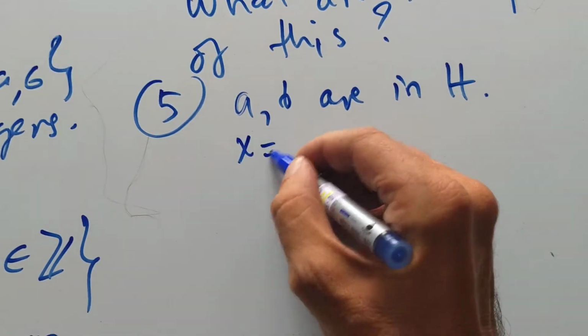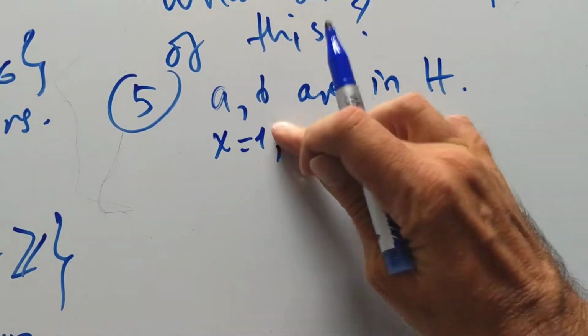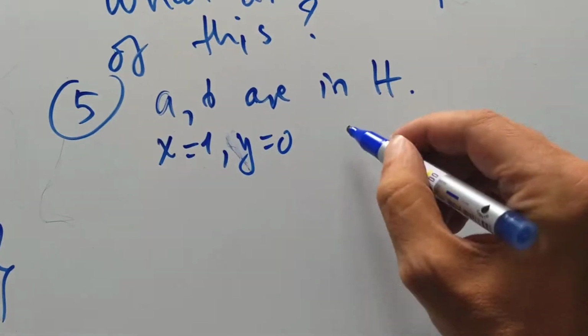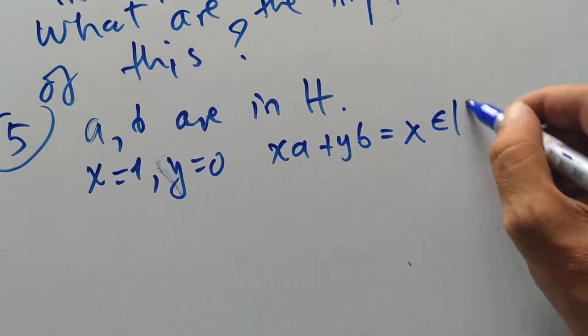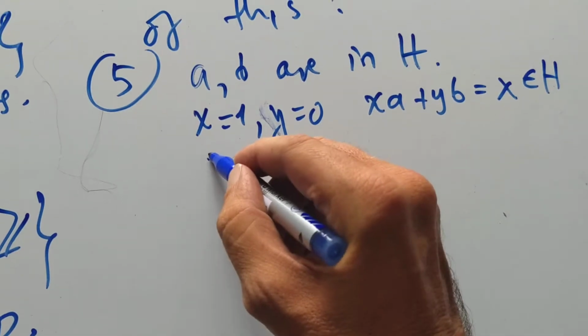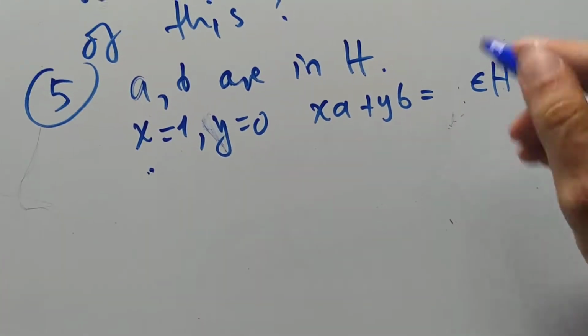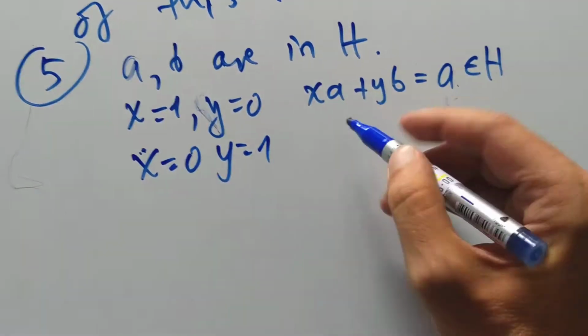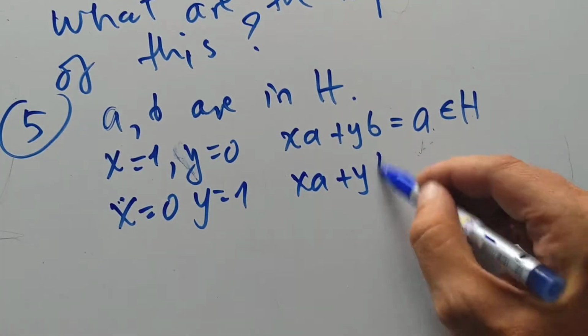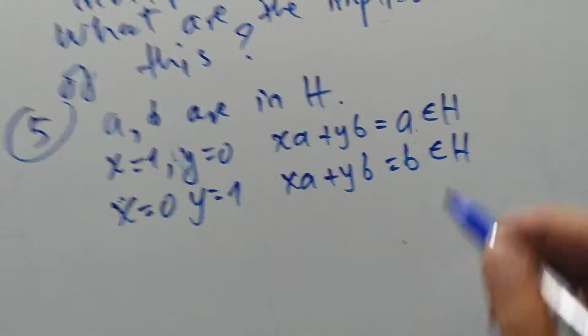Well, if I take x is 1 and y is 0, then xA plus yB gives me A, and that's an element of H. And now if I take x is 0 and y is 1, xA plus yB is B, and B is an element of H. So yes, A and B are both in H.